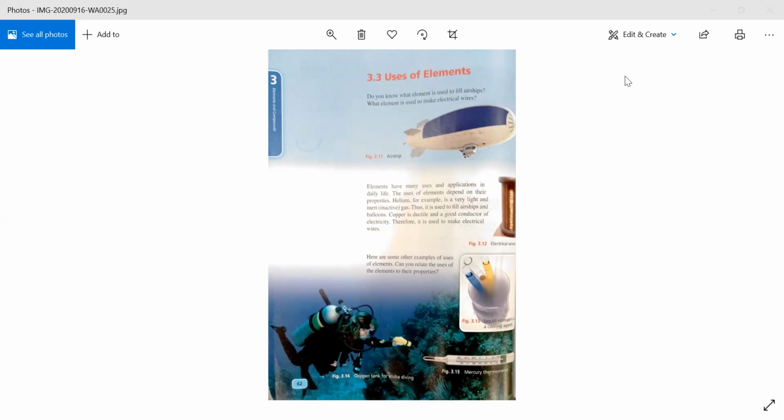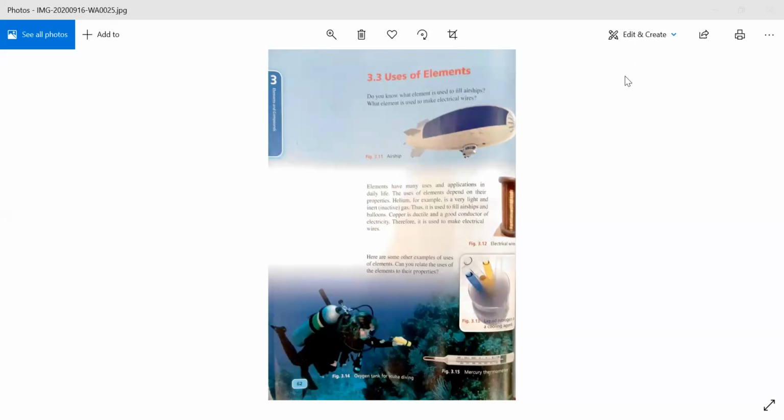And in figure 3.14 and 3.15, there are some elements used in our daily lives as well. For example, in figure 3.14, they are showing an oxygen tank for scuba diving. Beta, the oxygen tank is used during scuba diving, because obviously when people go under the sea, they need oxygen because in water there is less quantity of oxygen present, and otherwise if we do not take an oxygen tank with us, we can die.